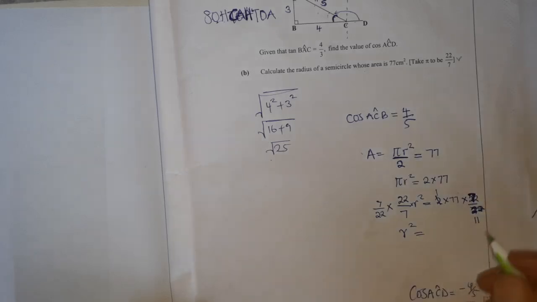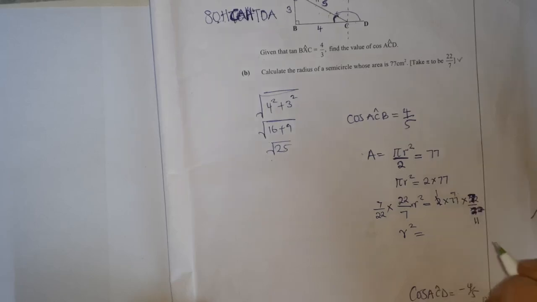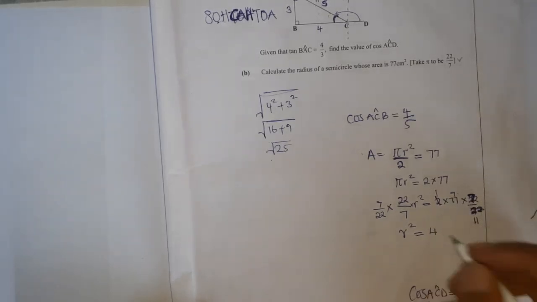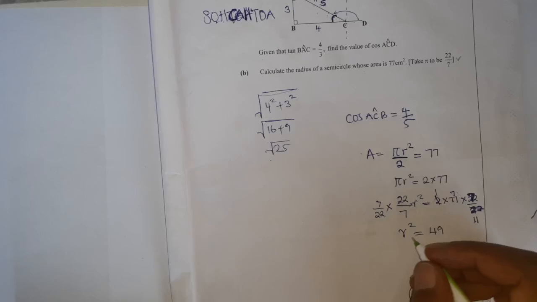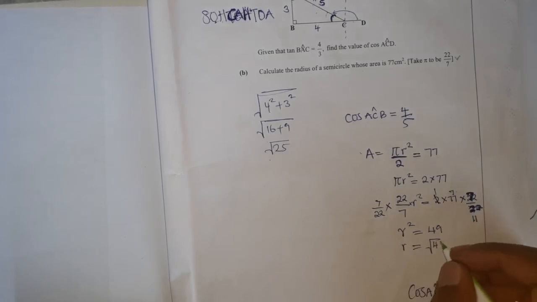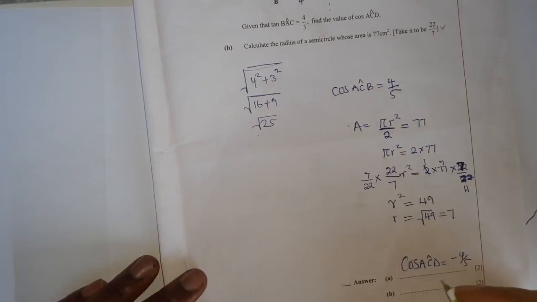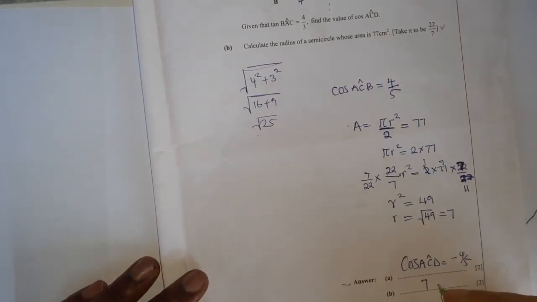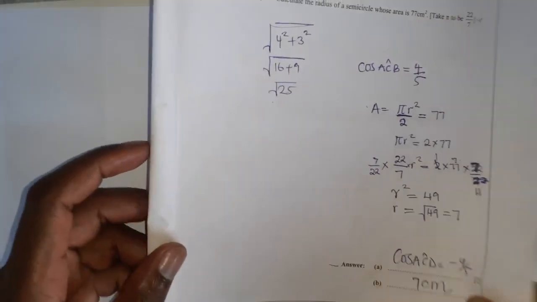Then, this 11 into 77, what do you get? You are getting 7. So when you multiply 7 by 7, you're getting 49. Then to get the radius, you need to square root this one, and you're going to get 7. Of course, usually you know that we get a positive and a negative number, but the radius can't be negative, so we're going to get 7 centimeters.